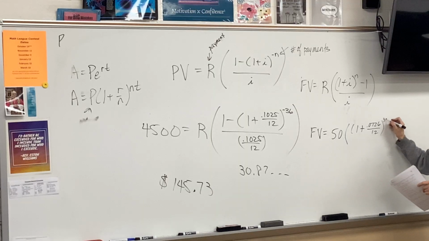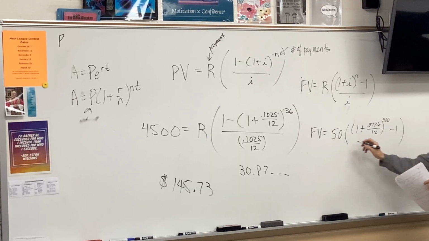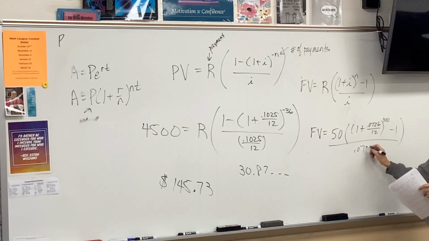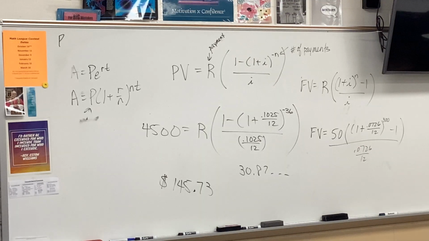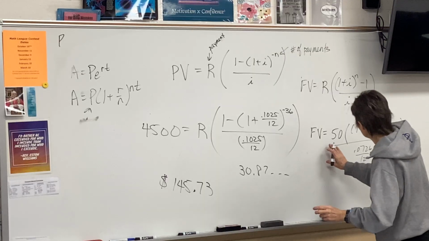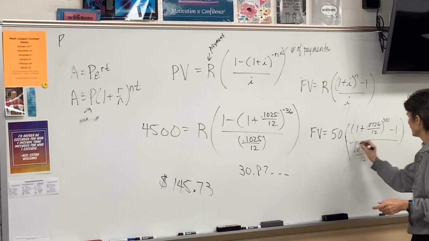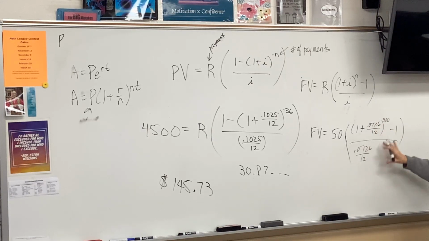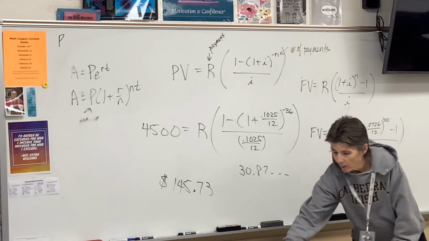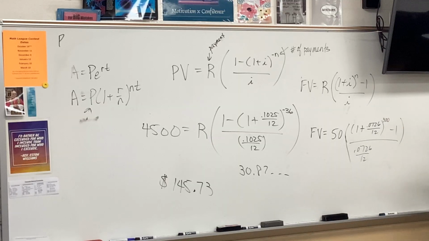So 300 positive, 300 minus 1, 0.0726 divided by 12. We're just going to type that in and see what we come up with. I wait on the 50. I do my parentheses first.